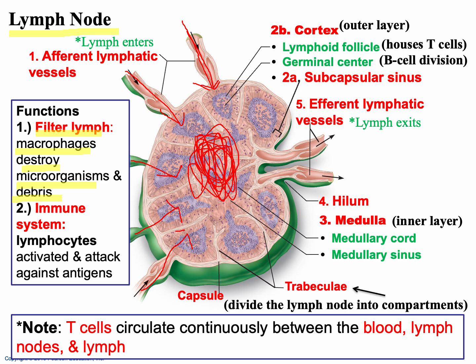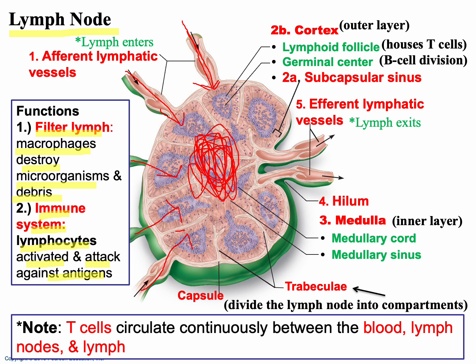So when we talk about microbes here, macrophages are able to go after, maybe destroy bacteria, viruses, toxins, fungi, things like that. And of course, the immune system response is key. So lymphocytes, such as T cells, are being activated potentially here and attacking against antigens, foreign materials that could be harmful to the body.